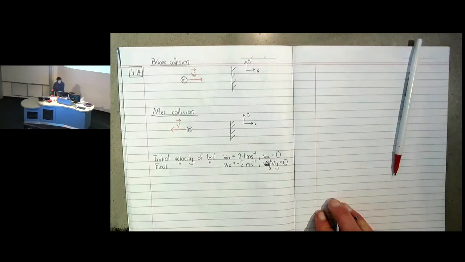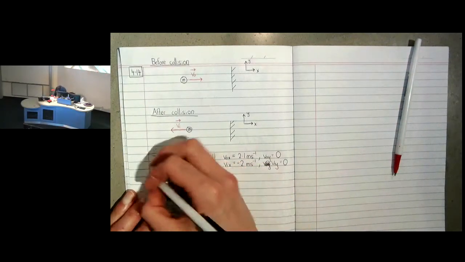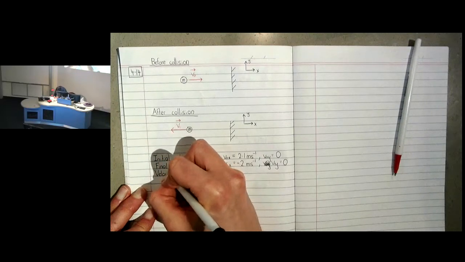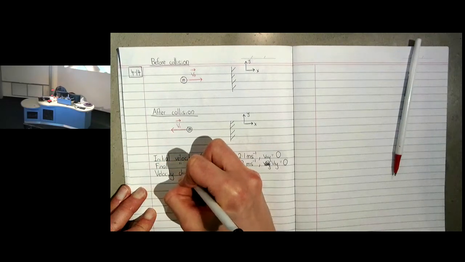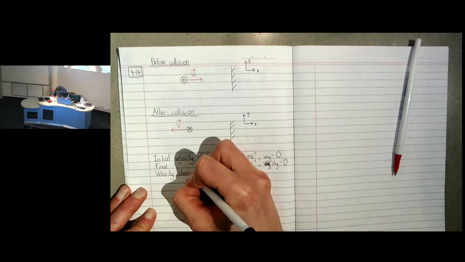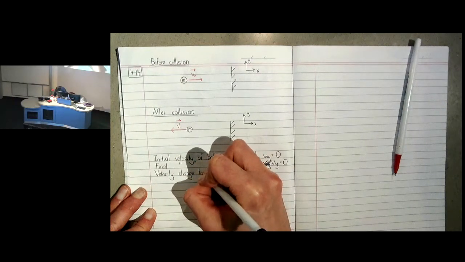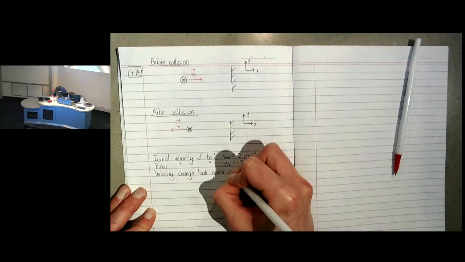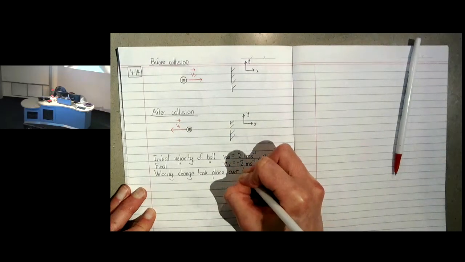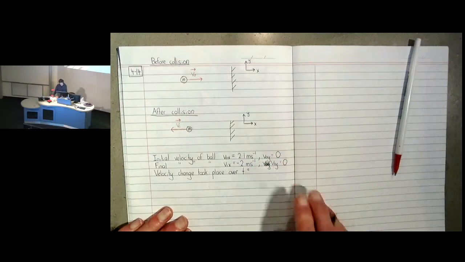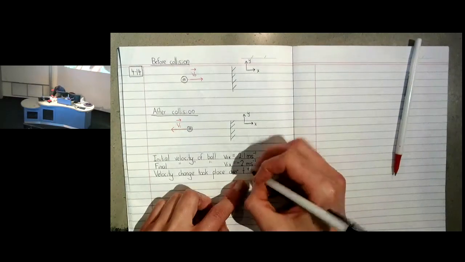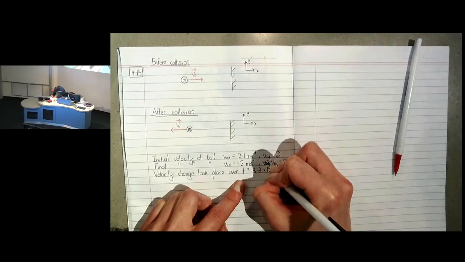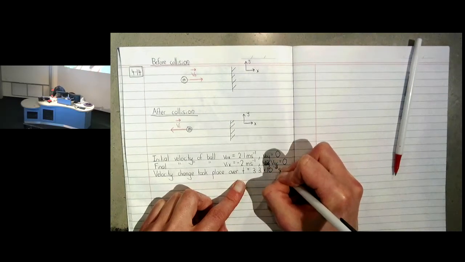And what else do we know? We know that the velocity change took place over a very short period of time, and that was 3.3 milliseconds. So 3.3 times 10 to the negative 3 seconds.